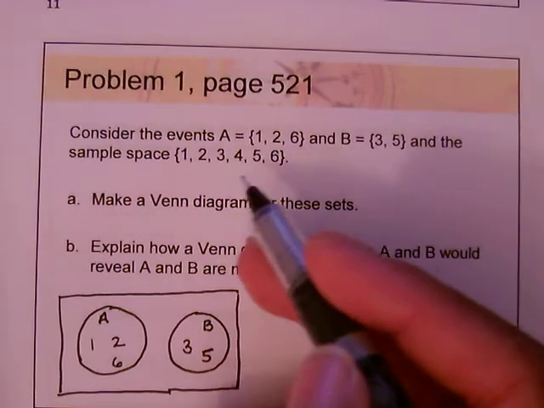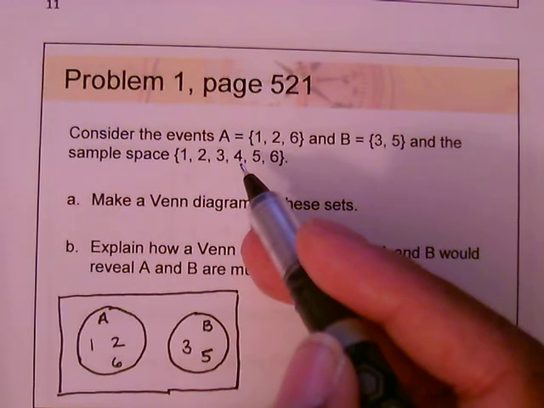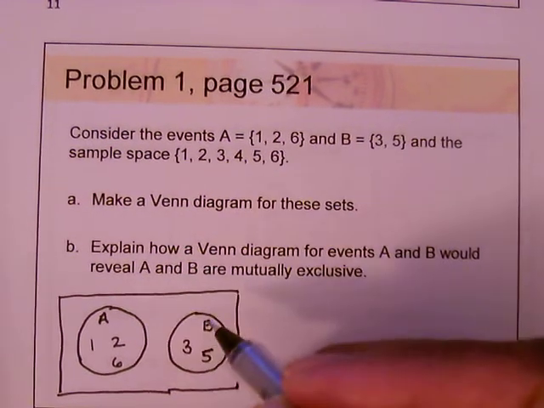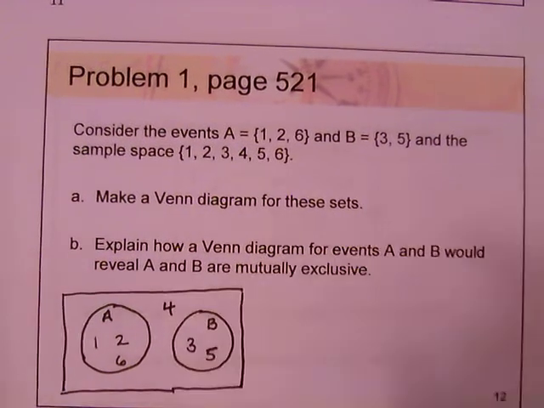Now, we got 1, 2, and 6, and then 3 and 5. But 4 is not going to be in A or B. So I'm going to put 4 somewhere out here to show that the number 4 is not in set A or in set B. So that is what a Venn diagram looks like.